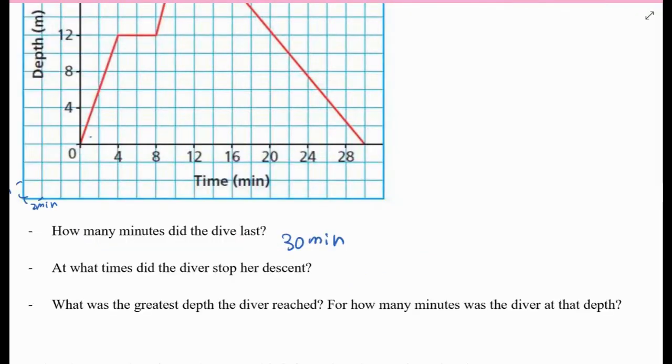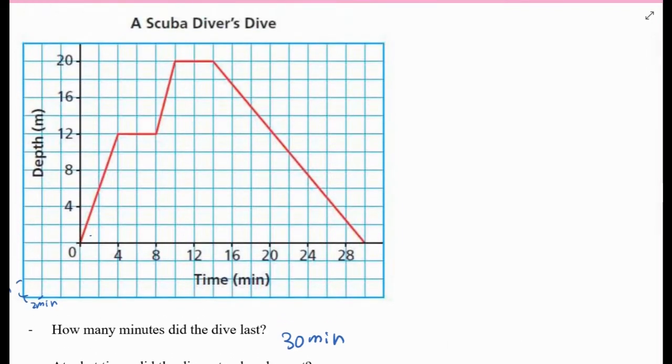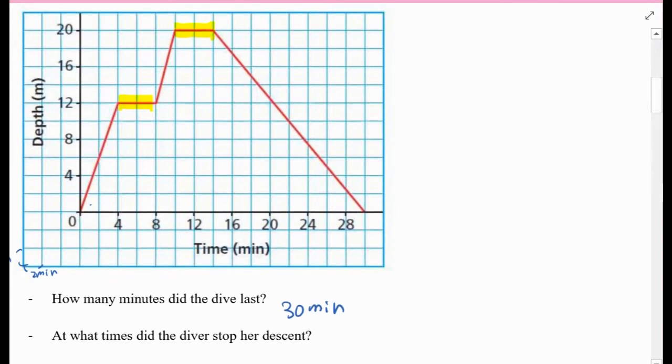At what time did the diver stop her descent? If you look at the graph, the diver stopped her descent twice. At 12 meters, she stopped her descent for 4 minutes, from 4 to 8 minutes.